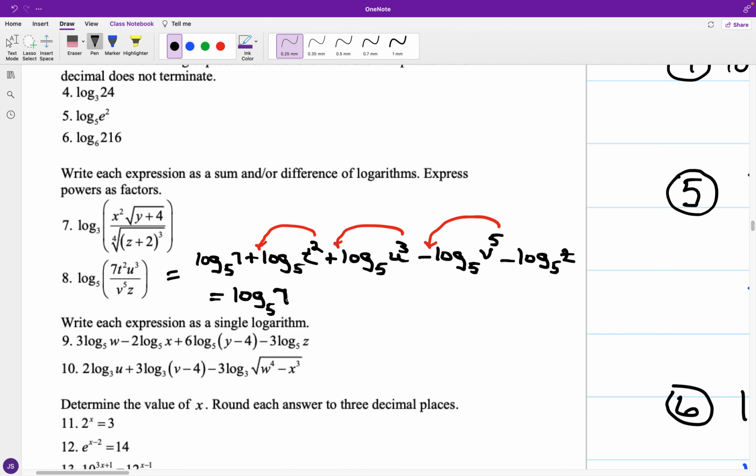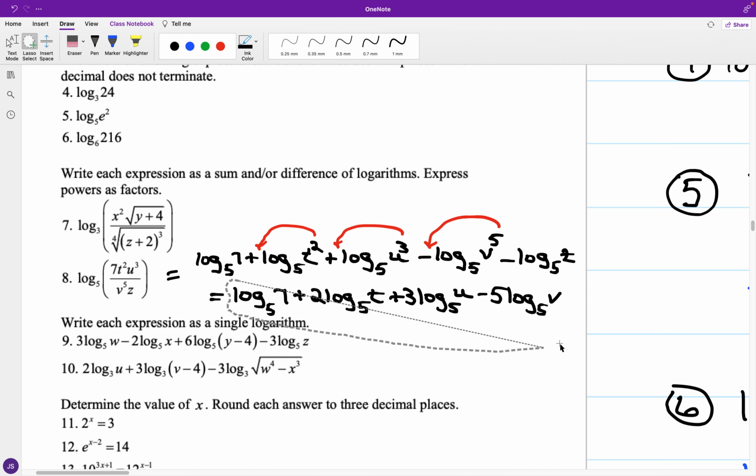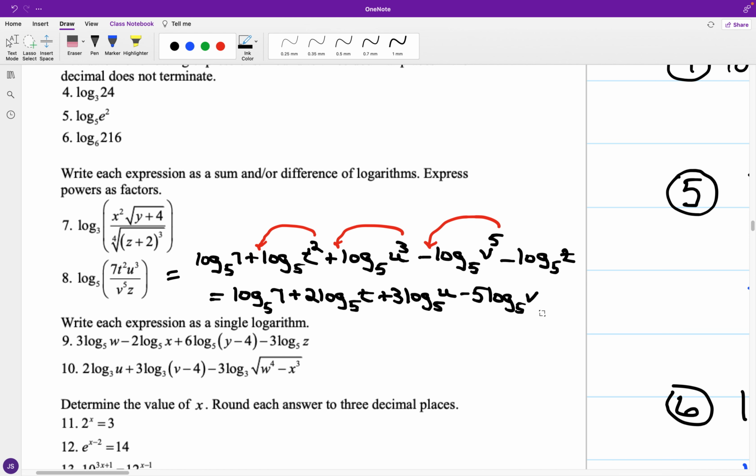So again we have the base 5 logarithm of 7, and for the remaining terms we have 2 times the base 5 logarithm of t plus 3 times the base 5 logarithm of u, and we have minus 5 times the base 5 logarithm of v, and again we're going to have minus the base 5 logarithm of z.